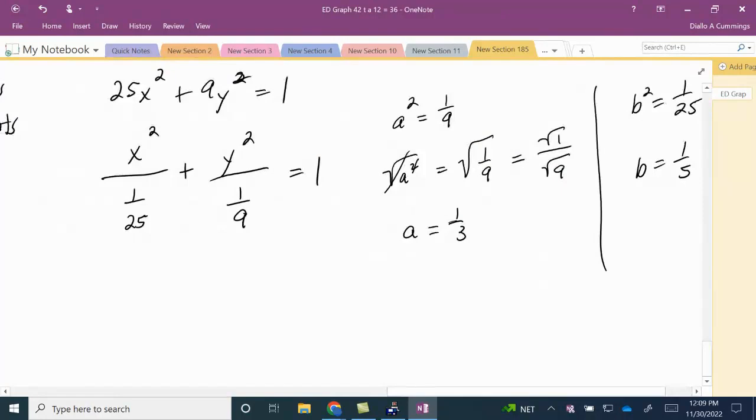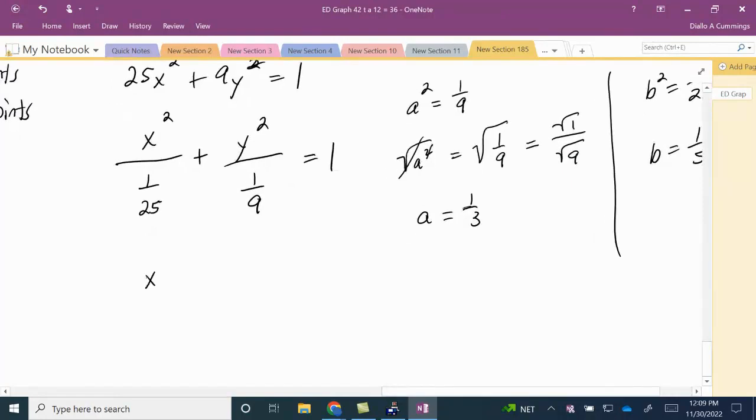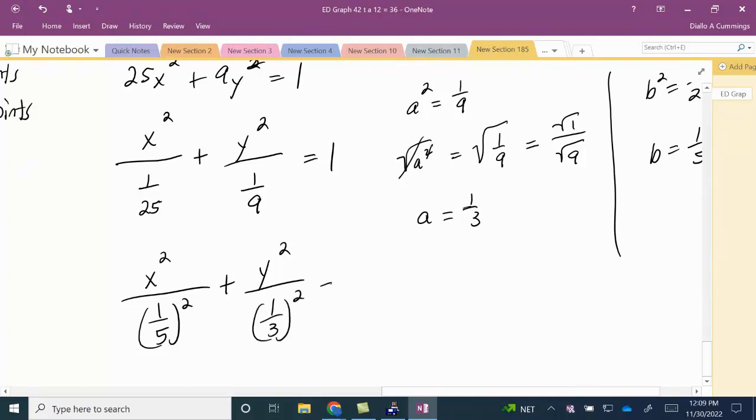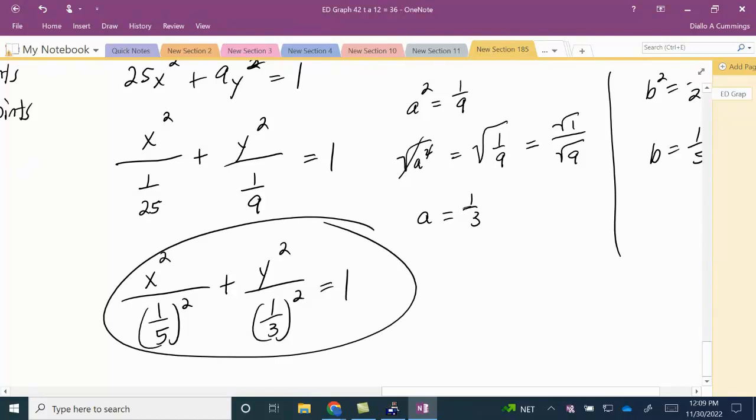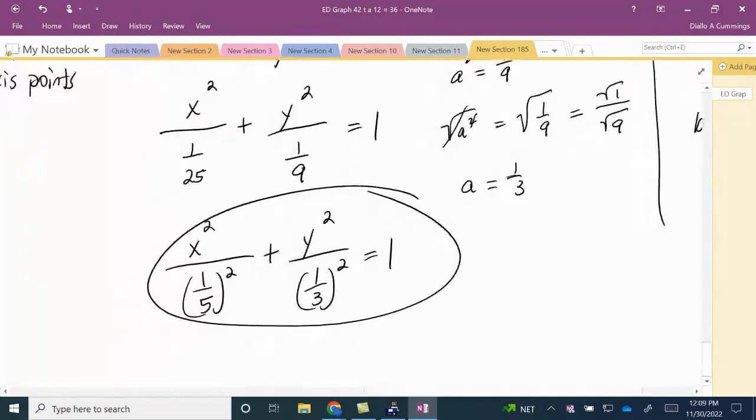I'm going to write this out as x squared divided by 1/5 quantity squared, plus y squared divided by 1/3 quantity squared, is equal to 1. So this is our standard form.